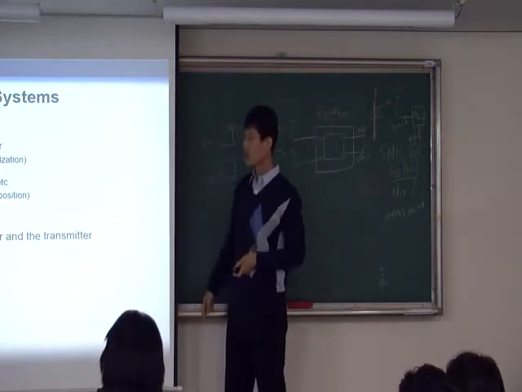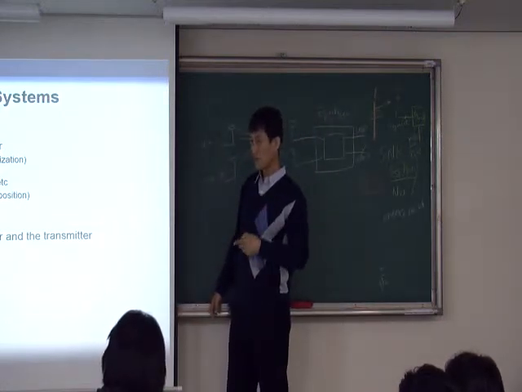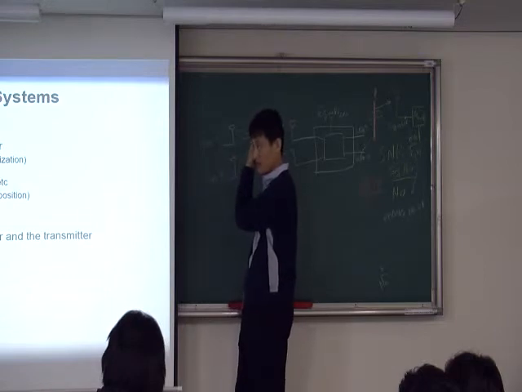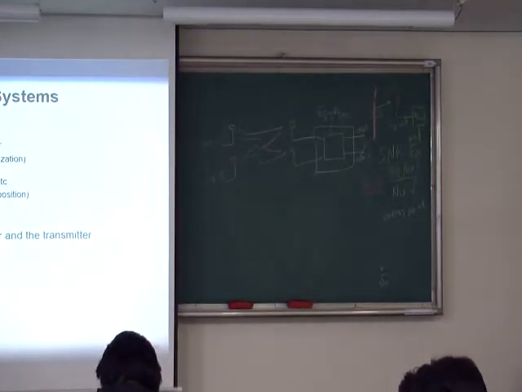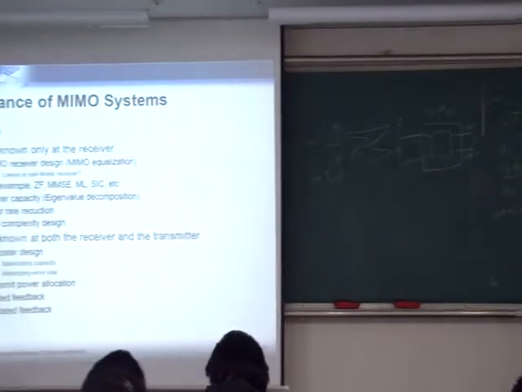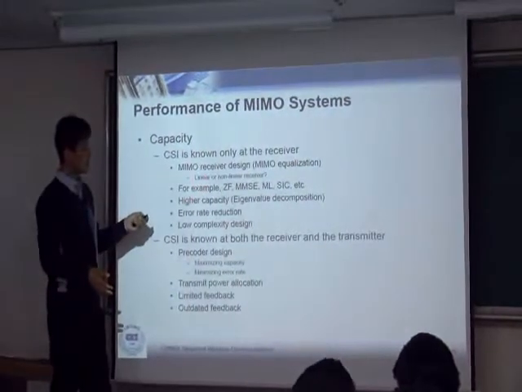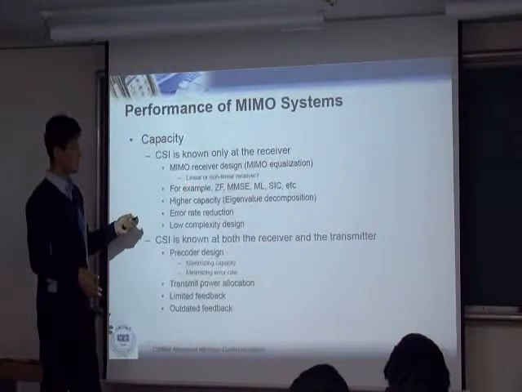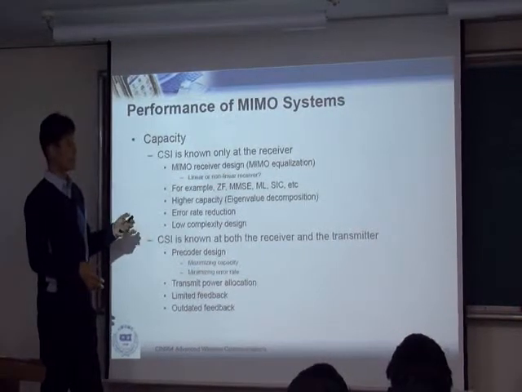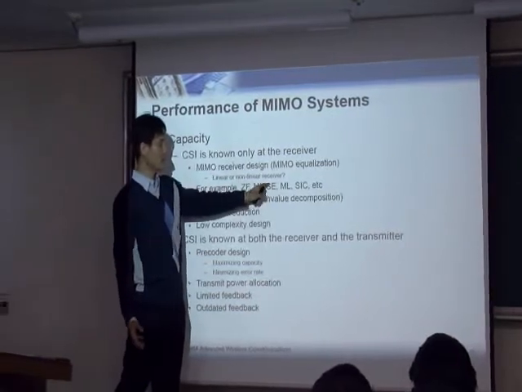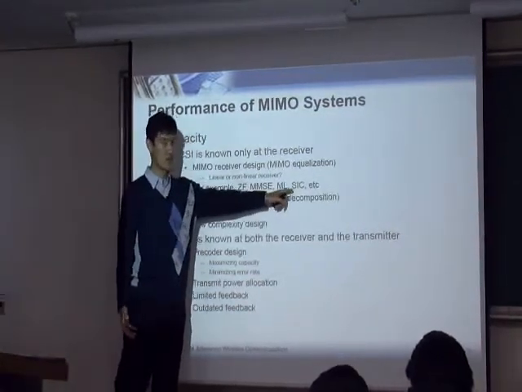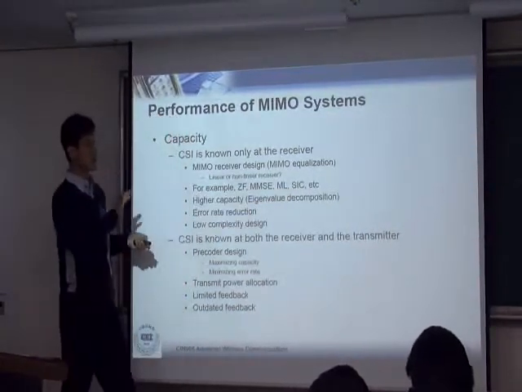Some of you who took my MIMO course probably remember some of the equalization techniques that we talked about earlier. But there are many techniques. There are linear receivers and non-linear receivers. Even among linear receivers, there are zero forcing and MMSE. Even among non-linear ones, there is successive interference cancellation. There are so many techniques.